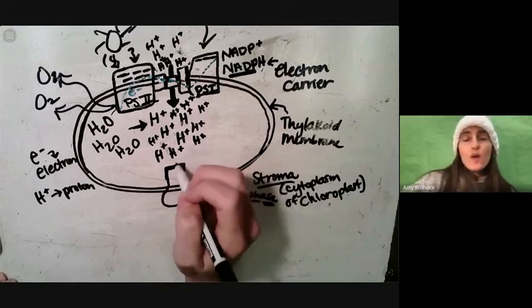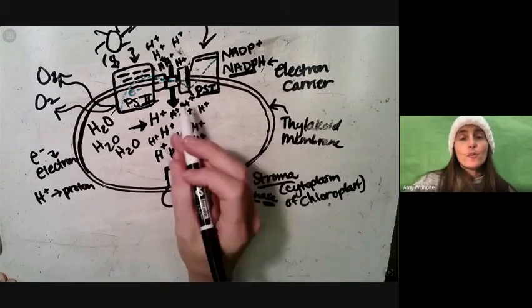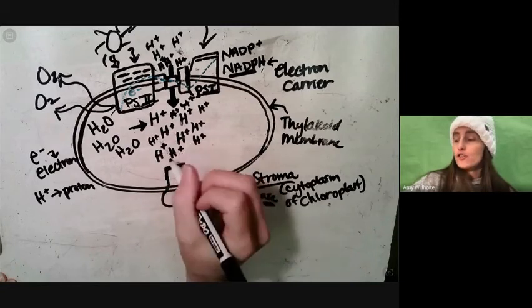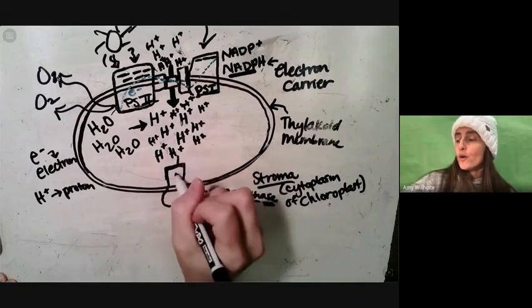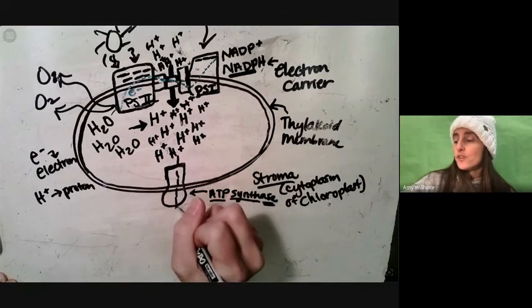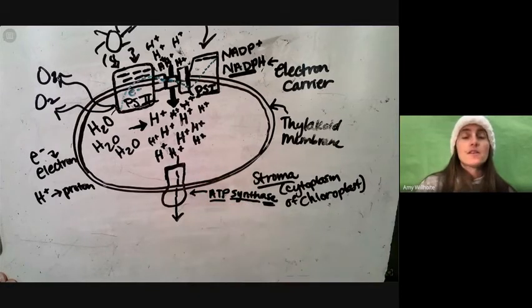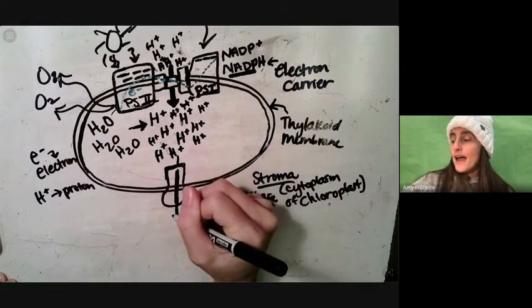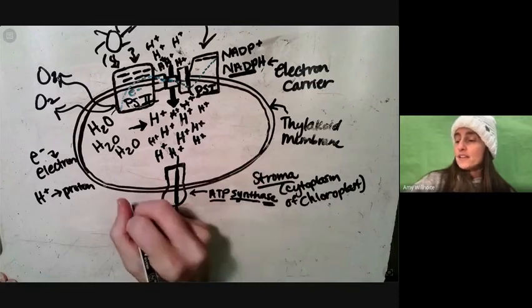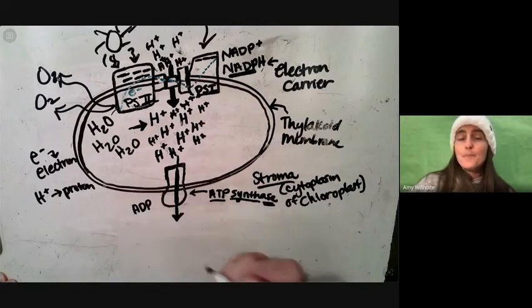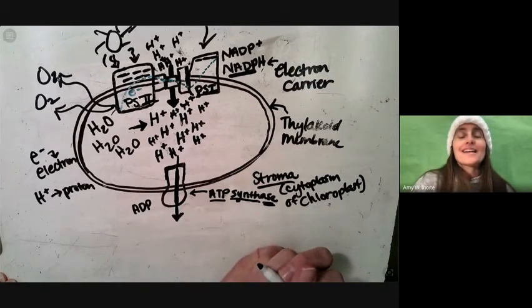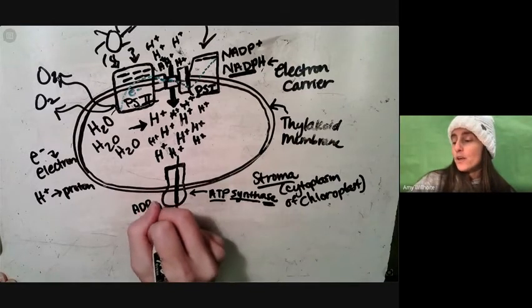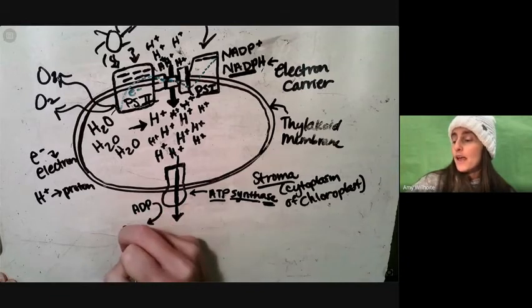What happens now is we have formed a beautiful proton gradient. Look at all those protons. They are just ready to funnel through this little protein, this enzyme called ATP synthase. They are funneling through there, and when they do, they attach a molecule of ADP, which is adenine diphosphate, and they attach it to another phosphate, a P, and that makes ATP.